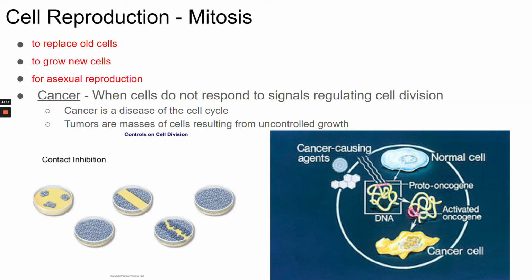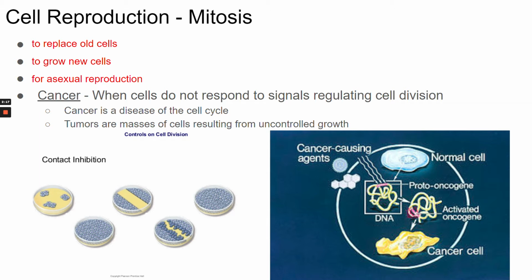So normally our cells in our body reproduce when new cells are needed and then they stop. But there are times when that doesn't happen correctly. And that's what cancer is. So when we think about what cancer is, our own body cells are reproducing when they shouldn't and making copies of themselves and forming what we call tumors.